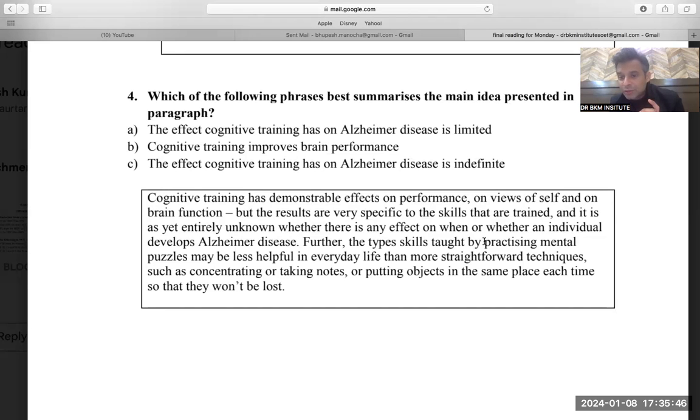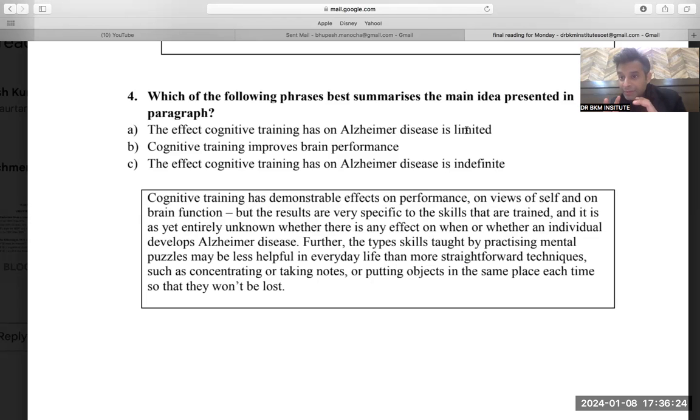Further, the type of skills taught by practicing mental puzzles may be less helpful in everyday life than more straightforward techniques such as concentrating on taking notes, or putting objects in the same place each time. So people who are having mental problems should be told easy skills rather than specific skills. So let's see. The effect cognitive training has on Alzheimer's is limited.